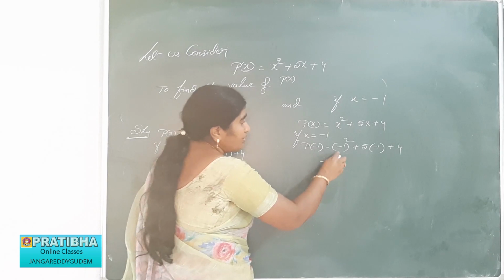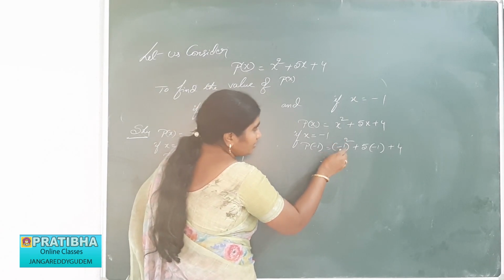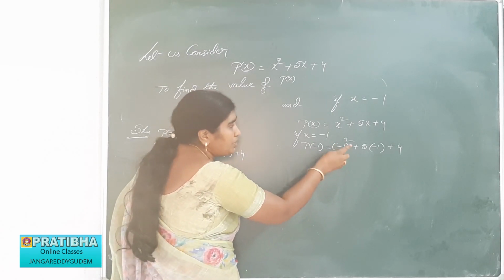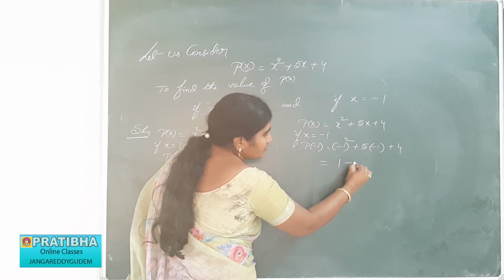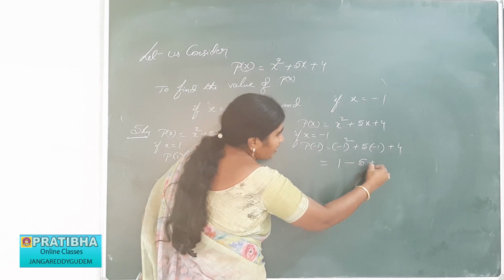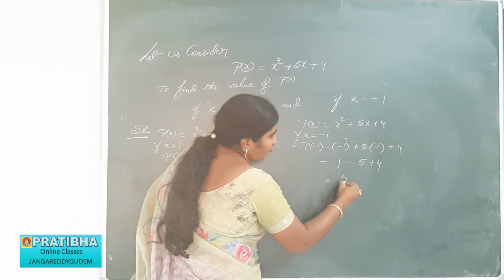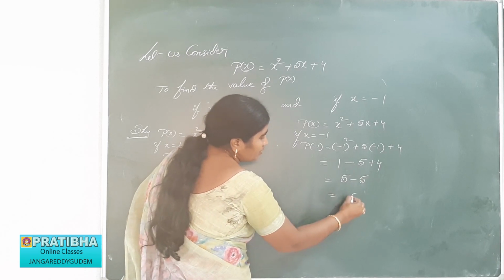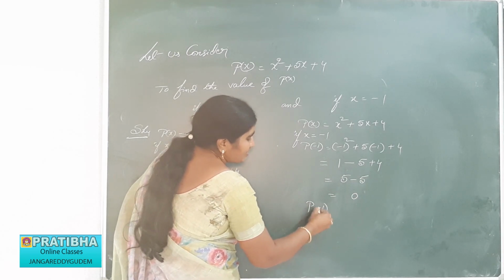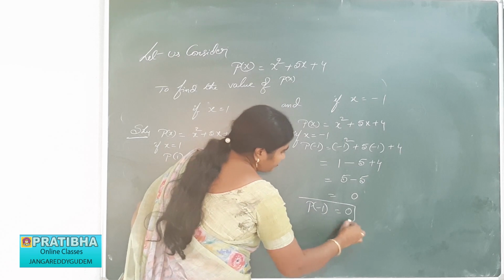A negative number with even power gives a positive answer. Minus 1 into minus 1 is 1, 5 into minus 1 is minus 5, plus 4. That equals 1 plus 4 is 5, 5 minus 5 equal to 0. p of minus 1 equal to 0.